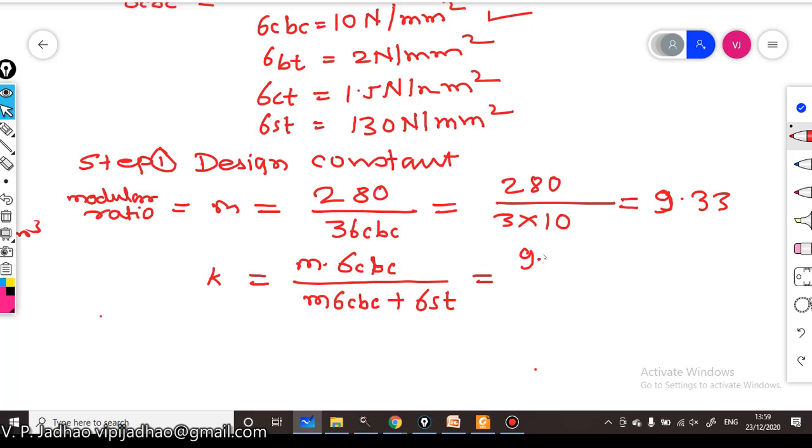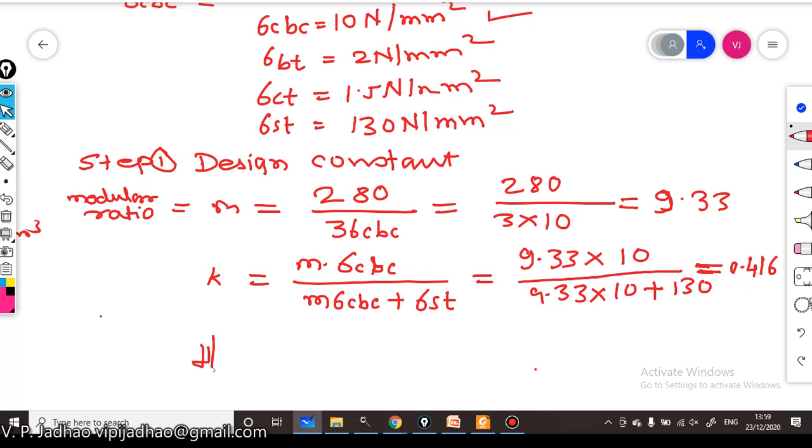We have m is equal to 9.33 multiplied by sigma CBC, 10 Newton per mm square, divided by 9.33 multiplied by 10 plus sigma ST, 130. So we get k equal to 0.416. Then another design constant is j.